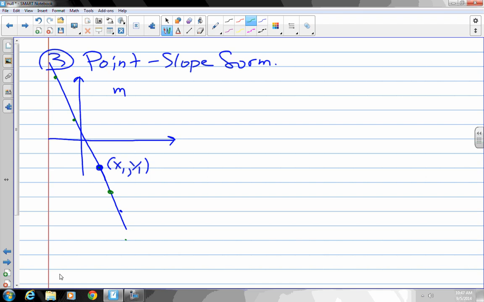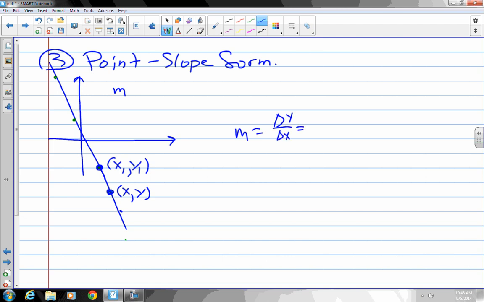So the way we're going to do this problem, we're going to take an arbitrary point on that line, let's call it x, y, because it could be any point, so we're not fixing it. We know that the slope is change in y over change in x.